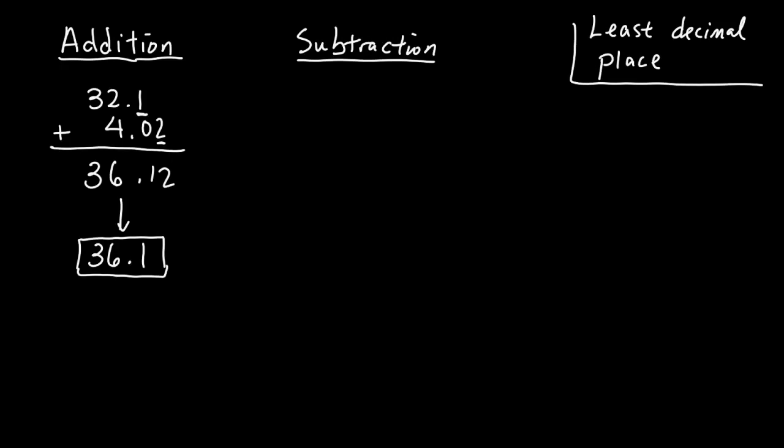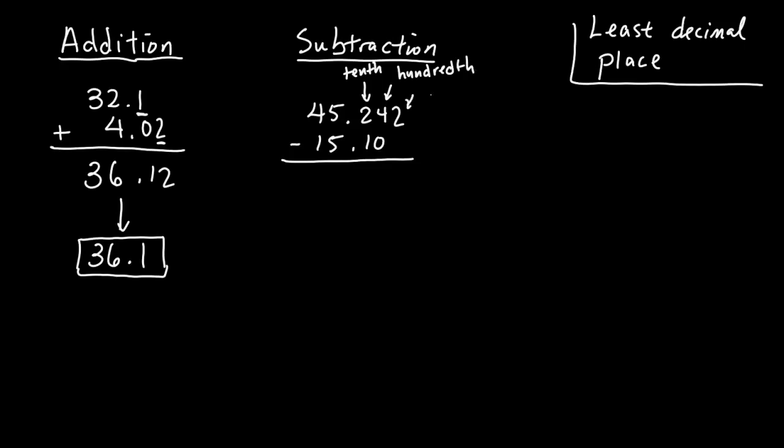Let's take a look at a subtraction problem. Let's say we have 45.242, and we're going to subtract 15.10. Just as a quick review, this is the 10th place, this is the hundredths place, and this right here is the thousandths place.